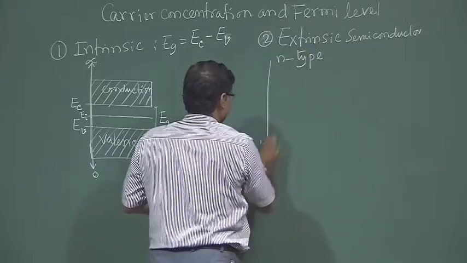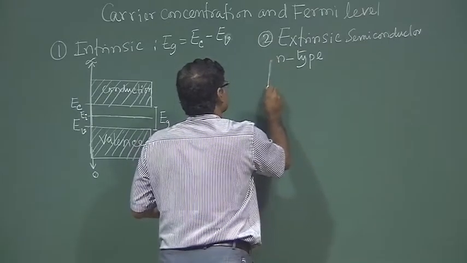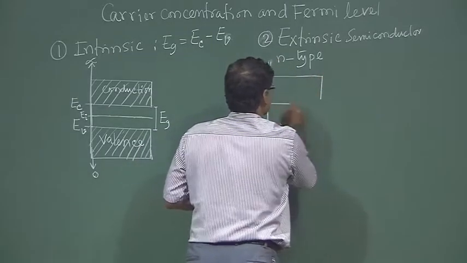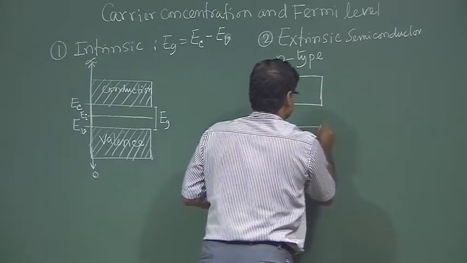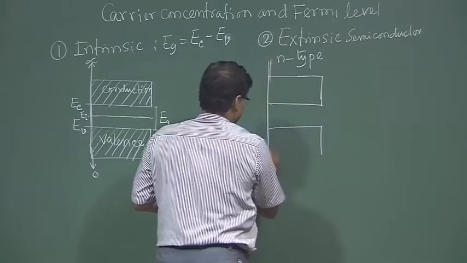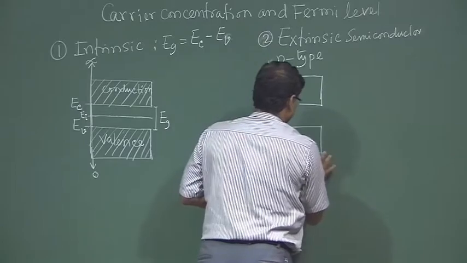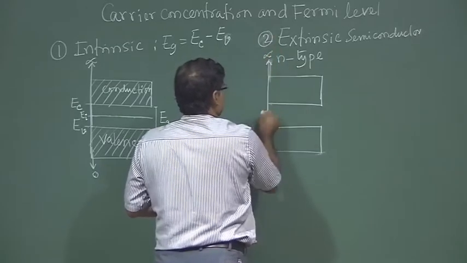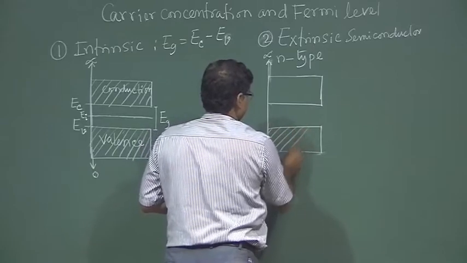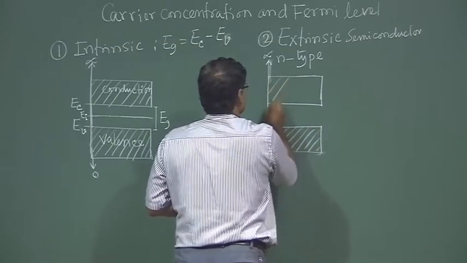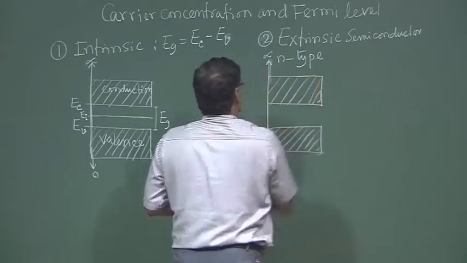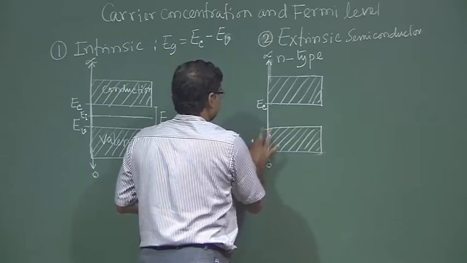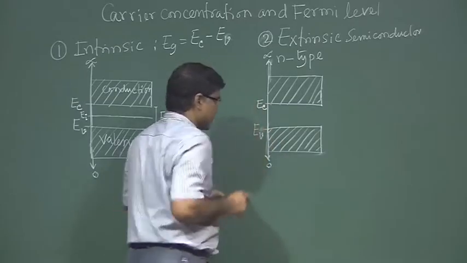For N type, again if I draw this band diagram, in this case again we see this is EV, okay.